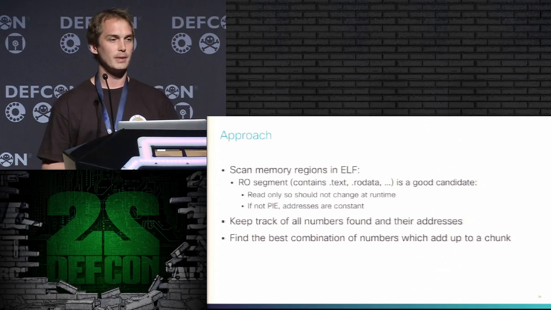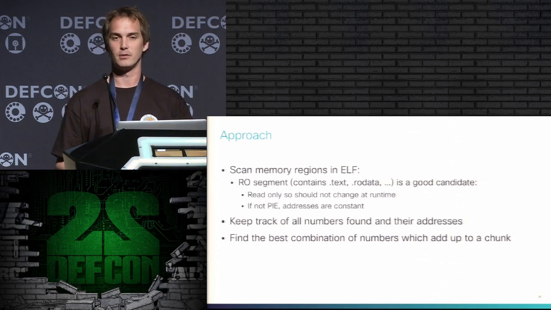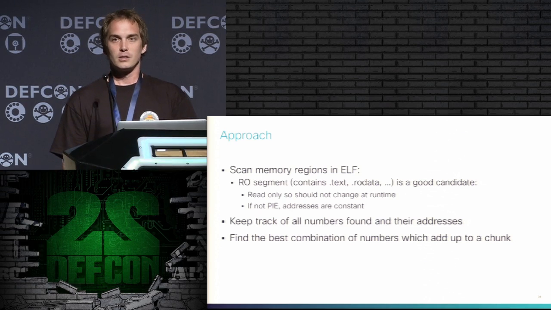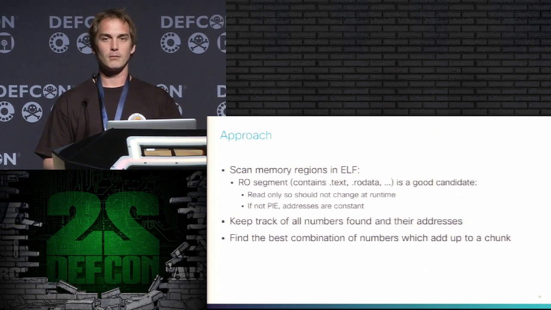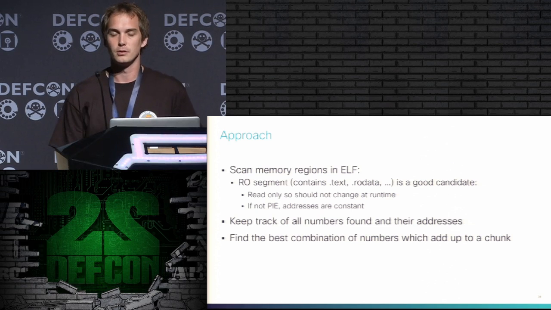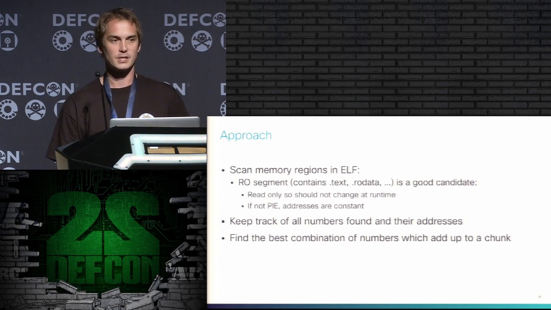By definition, memory has a crazy number of numbers in there. If you look at individual numbers, it's got heaps of them. So the approach is to take a file, take its read-only segment, and scan it for numbers.